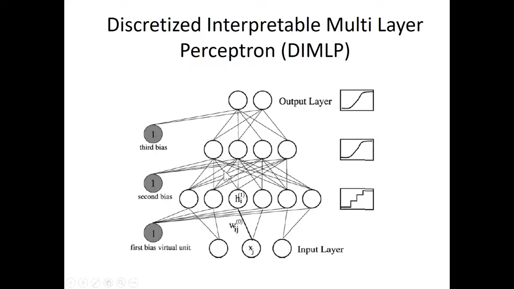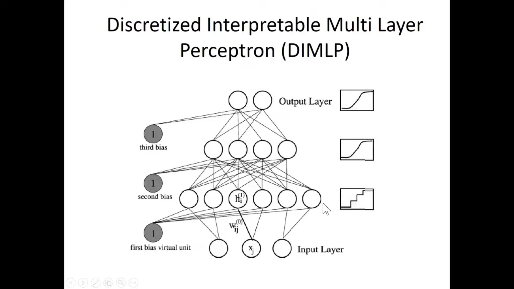Here we have full connectivity between those neurons and these neurons. Here also we have full connectivity. But between the input layer and the first hidden layer, each hidden neuron receives only one connection from an input neuron and one connection from the bias virtual unit.